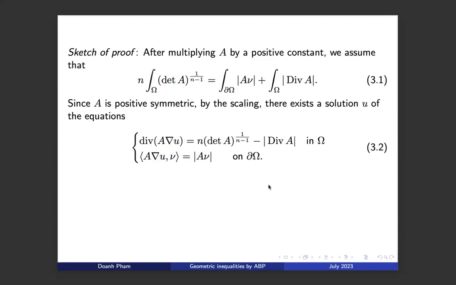So 3.1 is the necessary and sufficient condition for 3.2 to have a solution.